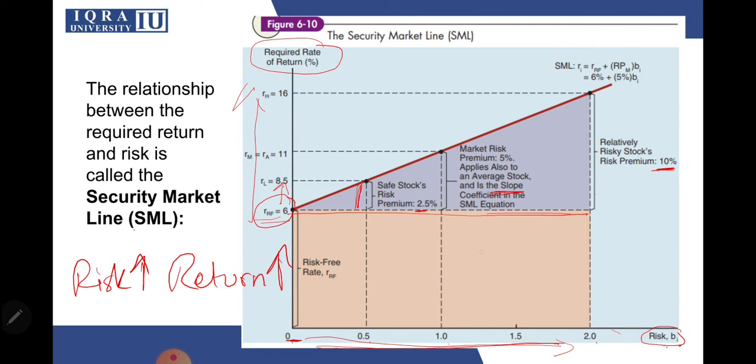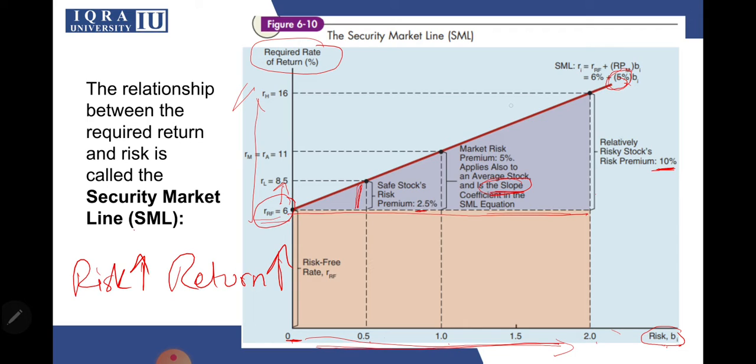Now over here, another very important thing is the slope, which I said we will come back later. So the slope coefficient is very important over here, which is your market risk premium of 5%. So 5% is the slope over here. This is important because this tells you about the degree of risk aversion in the economy. And the greater the average investor's risk aversion, the steeper will be your security market line, and the greater will be the risk premium for all stocks.